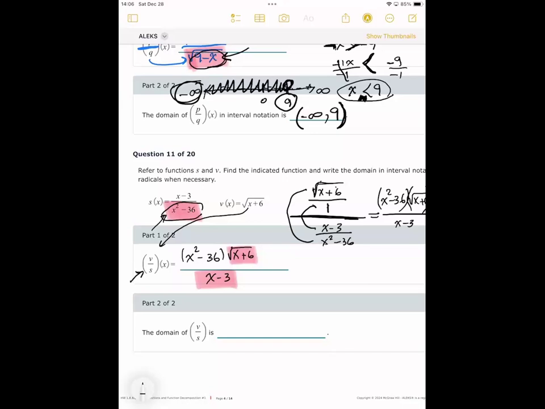So make sure you don't have 0 in the denominator here, you don't have 0 in this denominator, and you don't have negative numbers here. We are going to solve 1 inequality, 2 equations.